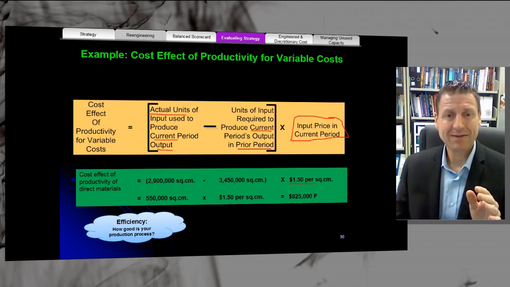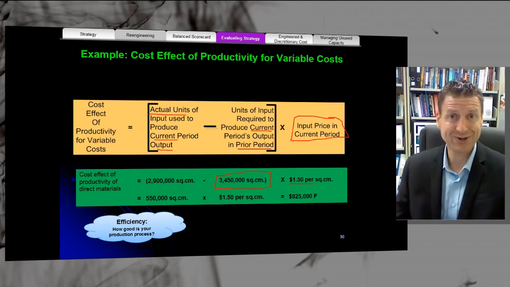But here's the big calculation. We have calculated this before. This is the units of input required to produce the current period's output, and that is 1.15 million units in the prior period. So what was that? We actually divided by 1 million units in the prior period, that was input, and then multiplied by 3 million units, which was the input of raw materials.